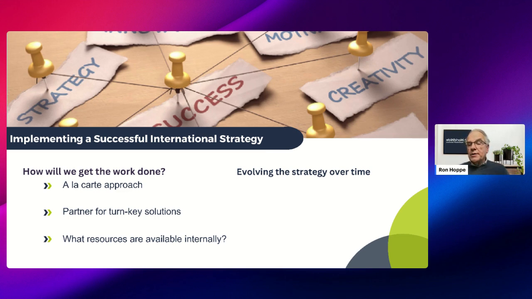That's one component part. Do you hire an outside agency just to help with that? Is that agency in the US? Is that agency abroad? How are we going to get through finding the right candidates? How are we going to screen them, interview them, hire them?